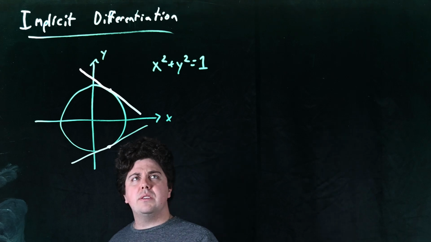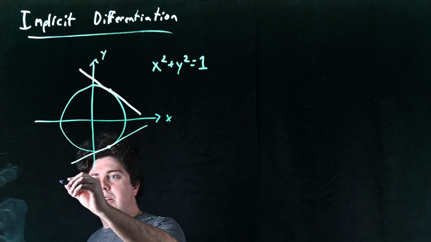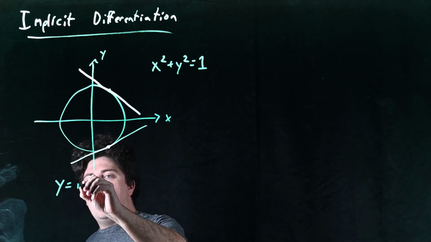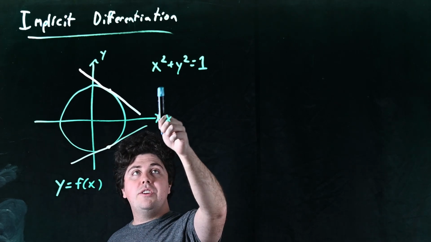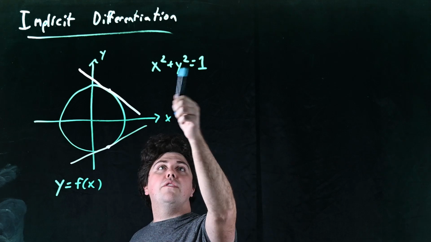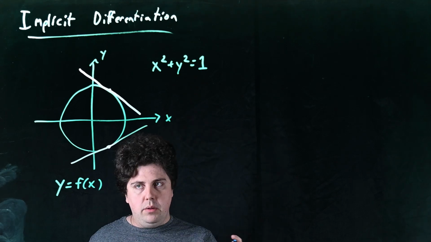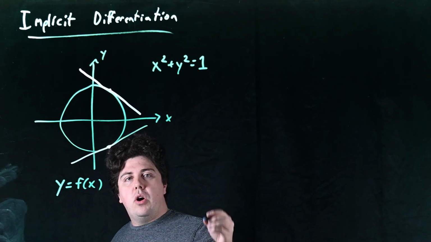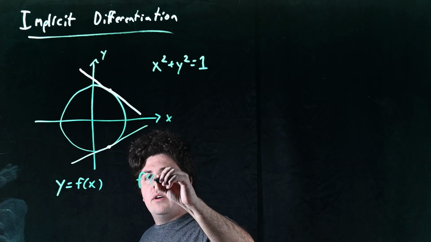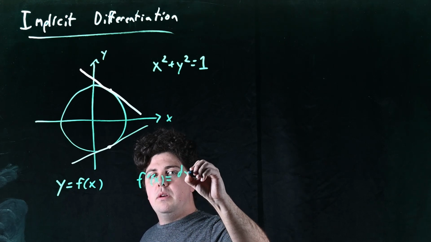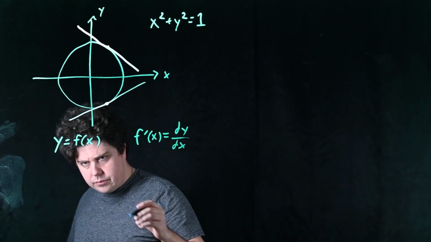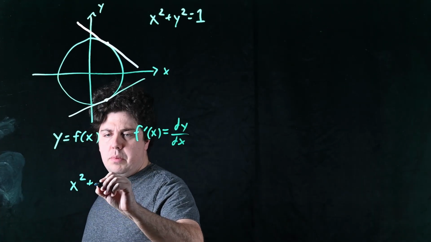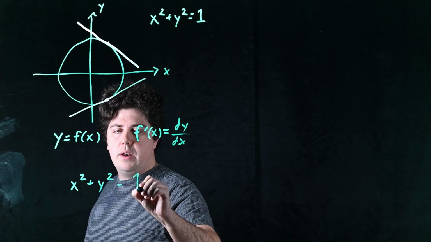Okay, so how we do this is, imagine y is equal to f of x. So we've already talked about this. This equation implicitly defines a function, if you will. So we can talk about the derivative of this function, and we can just give this a name, dy by dx. And now, what do we know? We know that x squared plus y squared is equal to 1.